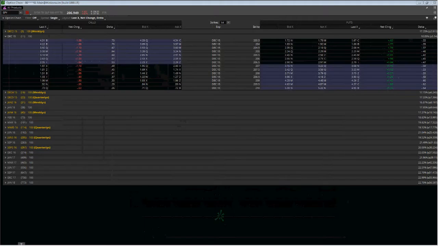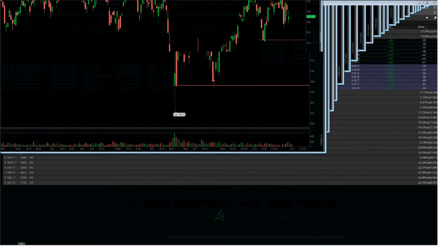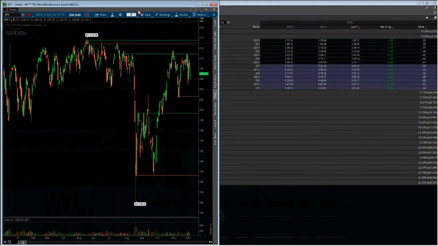But if I was entering a conditional order, the one thing that delta will not do is help me figure out a price for something multiple days later, which means it doesn't give me any factoring of the time decay, which we'll talk about in a moment. But I'm going to bring a chart over here real quick.